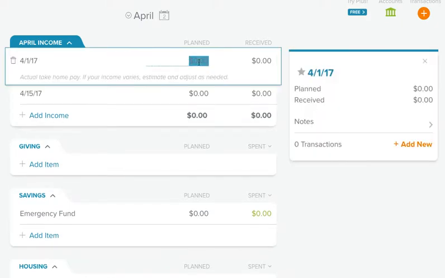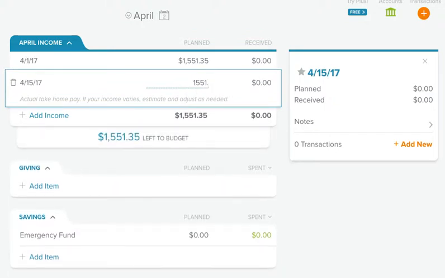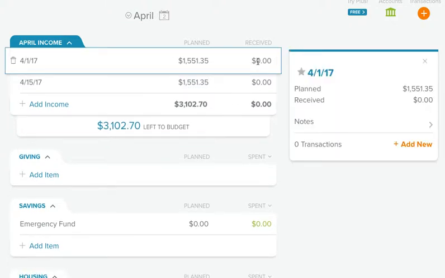So for the first, I already got this amount, and that is 1551.35. And this one would be the same amount, 1551 with 35 cents. So in this case, I've already received the first paycheck.